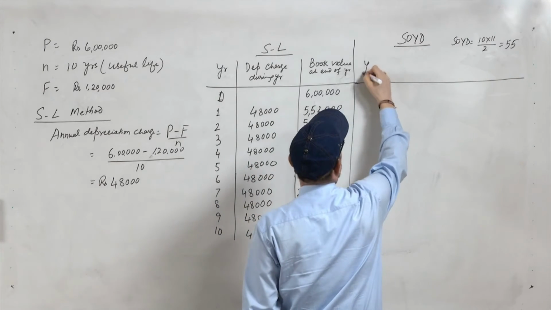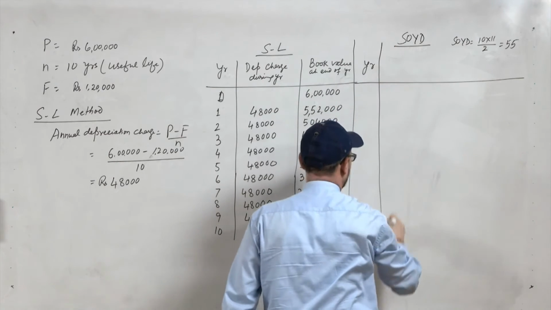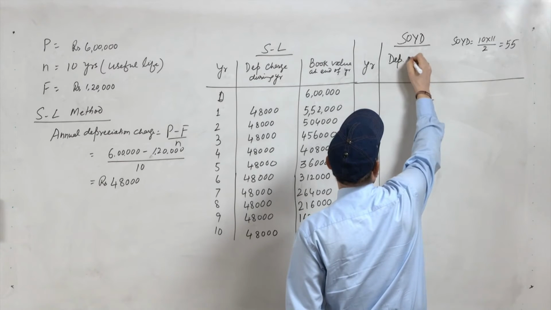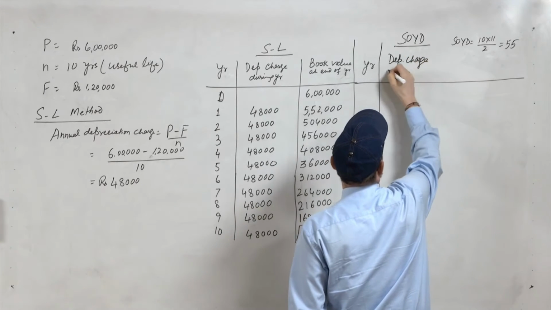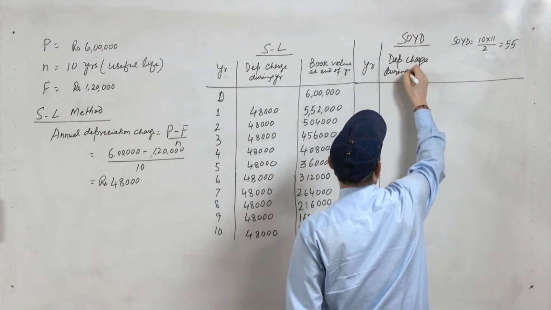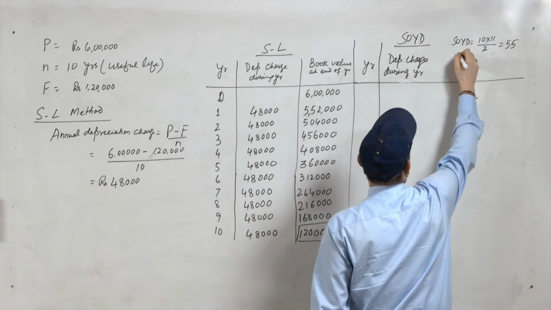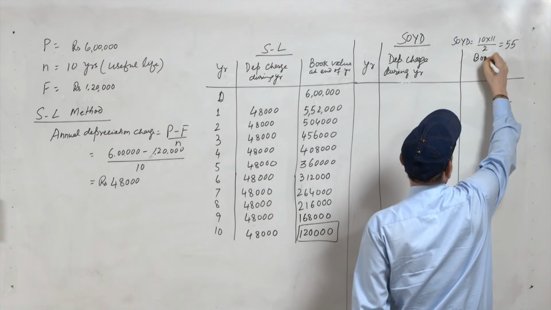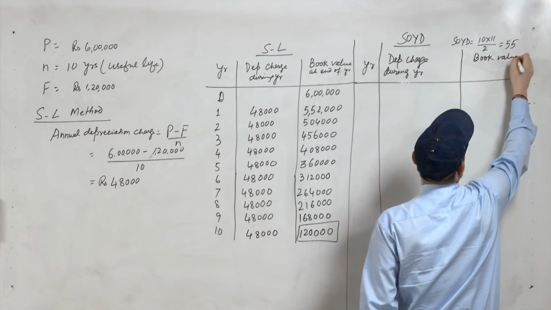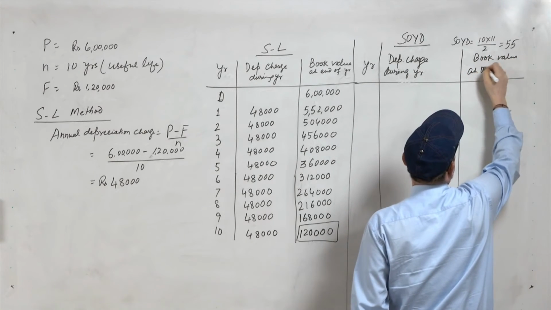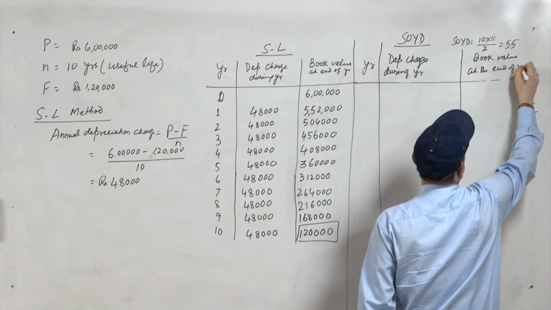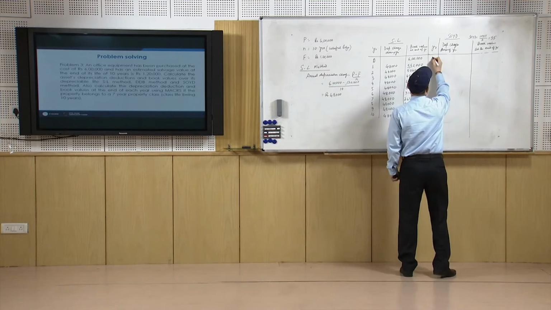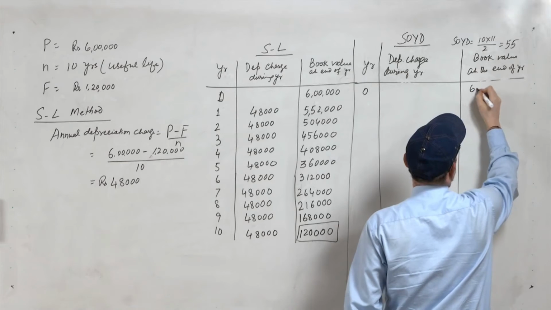We have year, depreciation charge during year, and book value at the end of year. In this case again at time 0 you have 6 lakh.